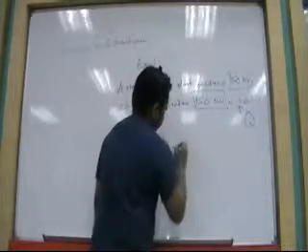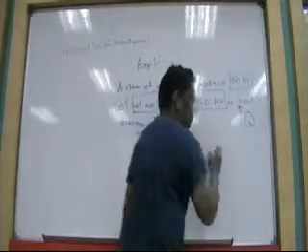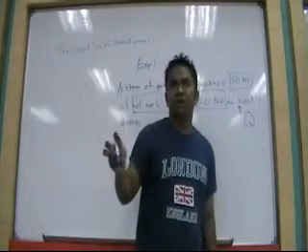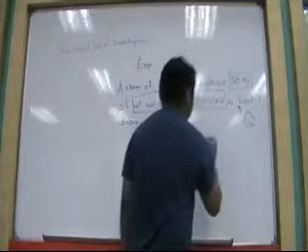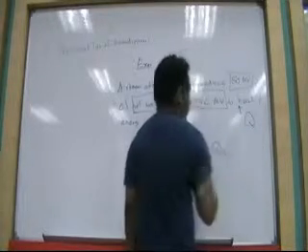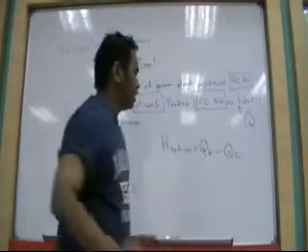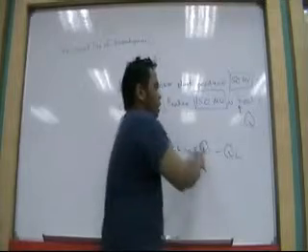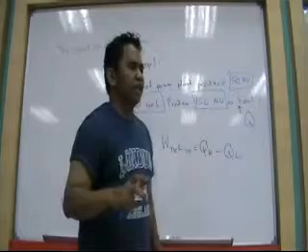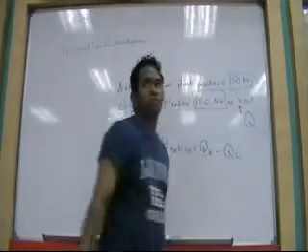The net work done is equal to QH minus QL. So the net work done is equal to the heat in the hot reservoir minus the heat in the cold reservoir.